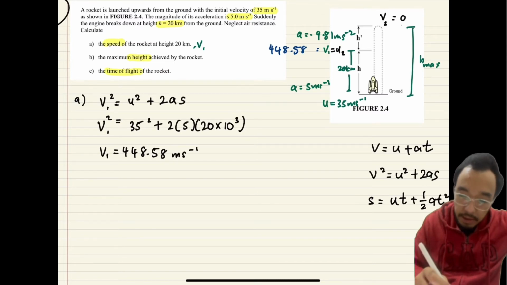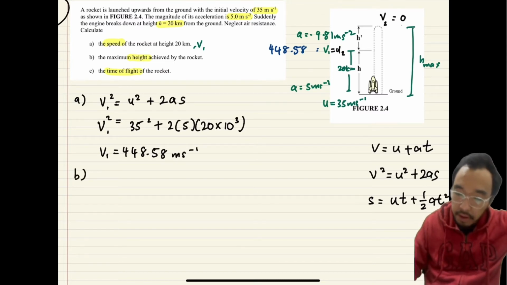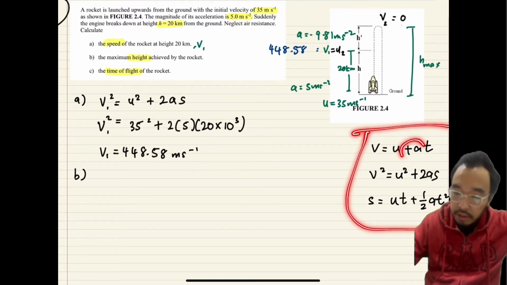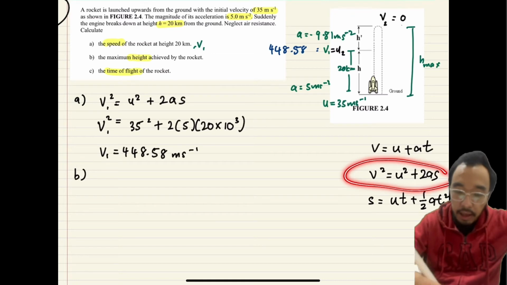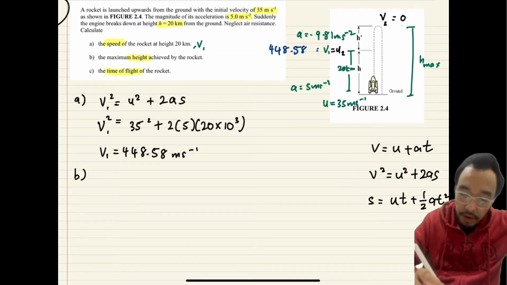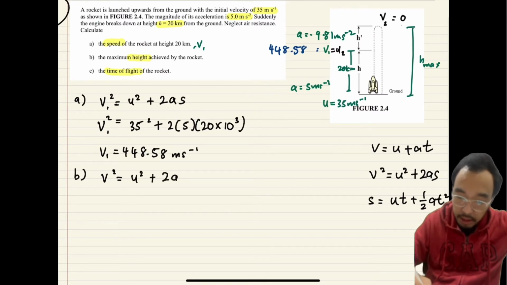Okay, B. You can use the same three formulas, except you can change this one to g. You do have the initial velocity and final velocity. You just want to find the displacement. You don't have any time, so you can use the second equation. So final V square. Okay, I'm gonna write the formula first. Okay.